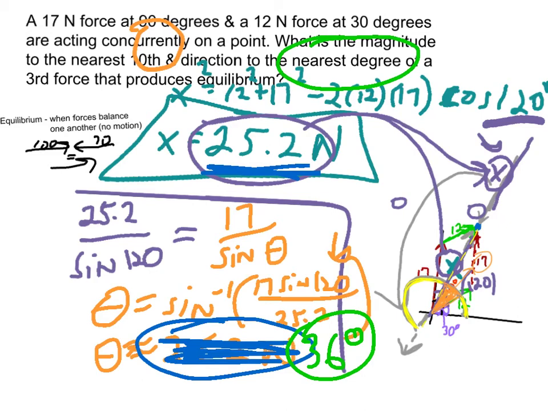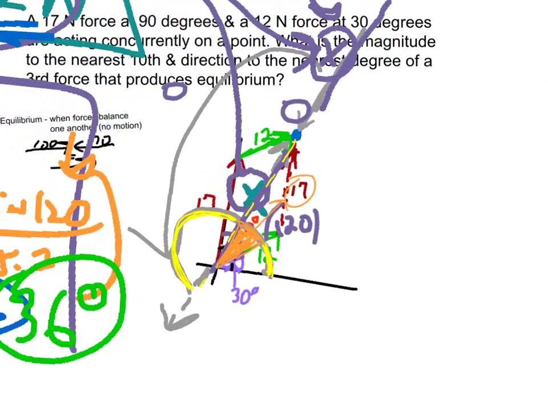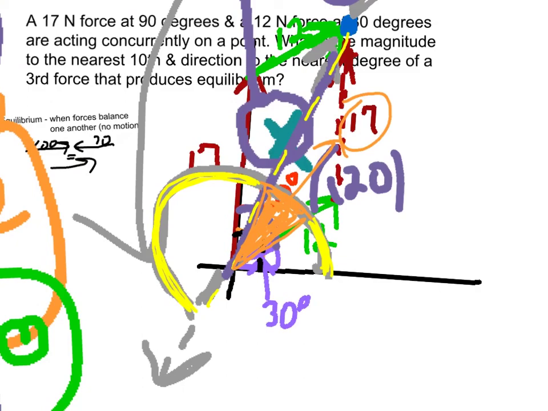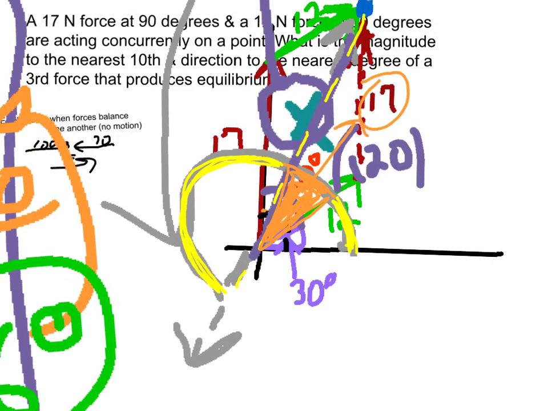Now that we have our missing angle of 36 degrees, let's go back to our obtuse angle that we're trying to find, because that is the direction of this equilibrium vector. We now know that this piece right here is 30 degrees. We figured that out. This right here was the missing angle, which we just figured out to be 36 degrees.